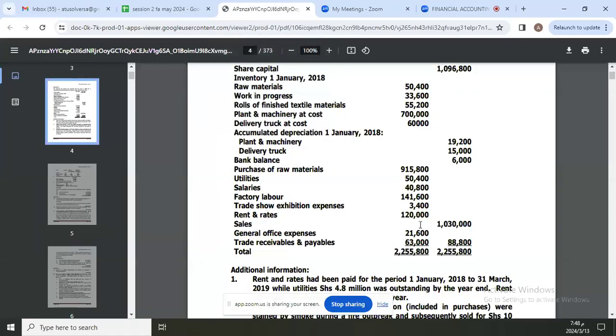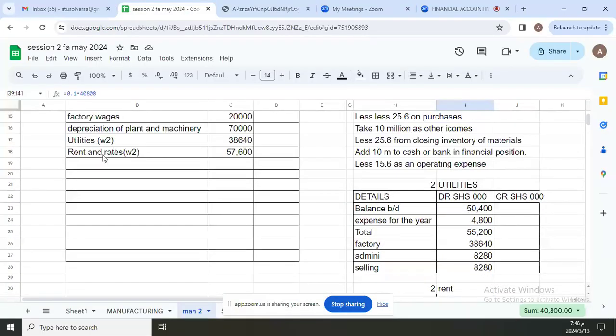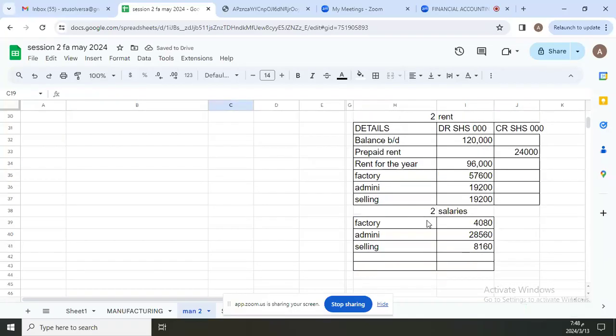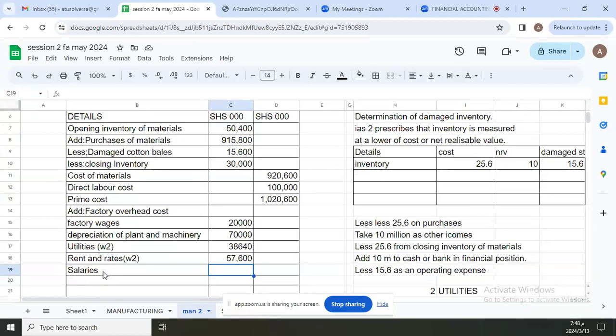So what we do, we also take the salaries under our workings. So we come up here, we write salaries. For factories, how much? 480.